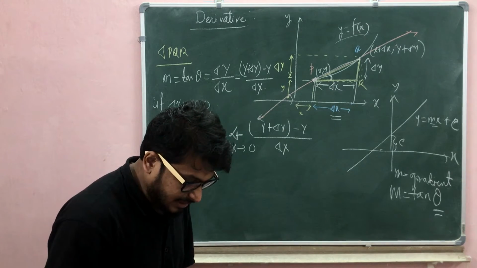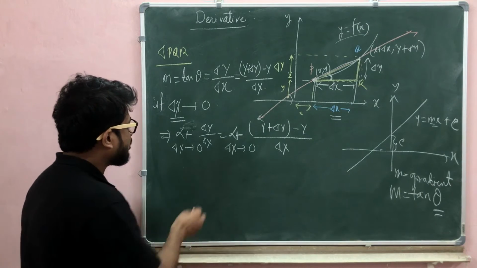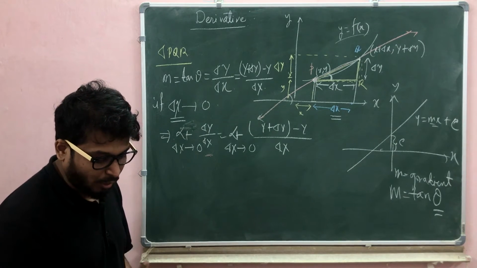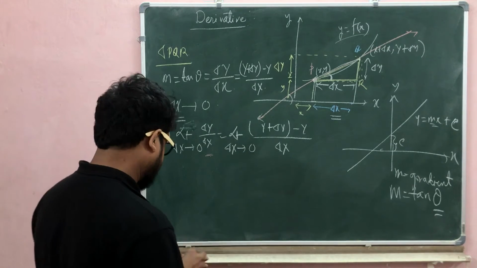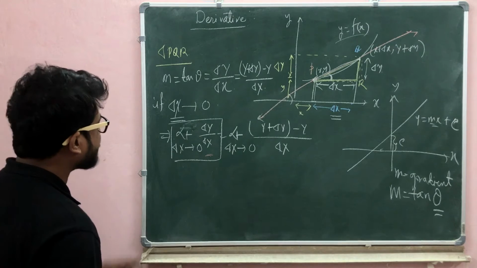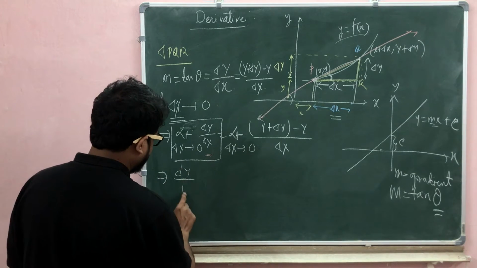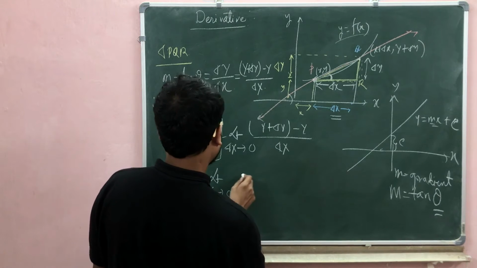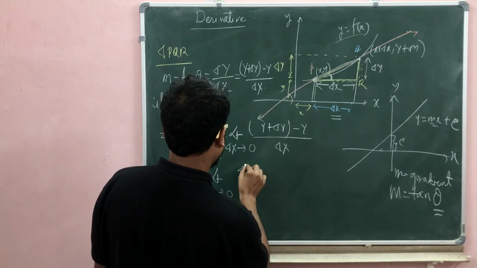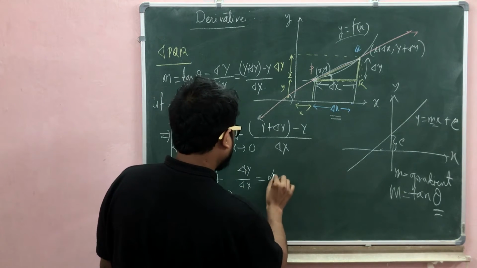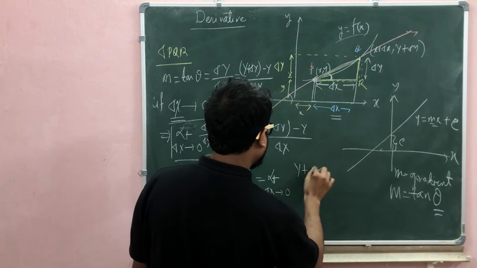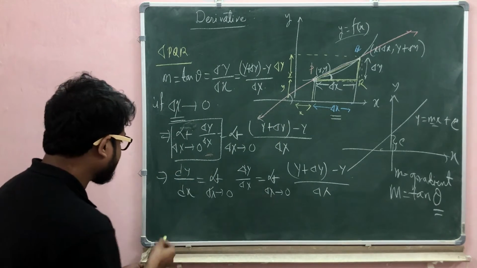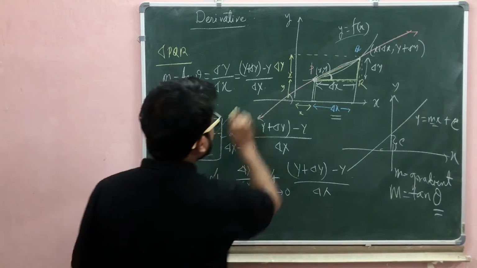The limit of the ratio delta y by delta x as delta x approaches 0 is called the derivative of y with respect to x, and is defined by dy/dx equal to the limit as delta x tends to 0 of delta y by delta x, that is, the limit as delta x tends to 0 of y plus delta y minus y, by delta x. And if the function is y equal to f(x).